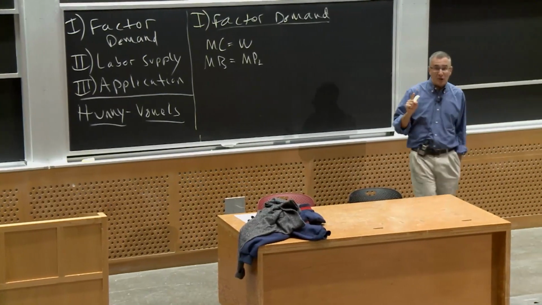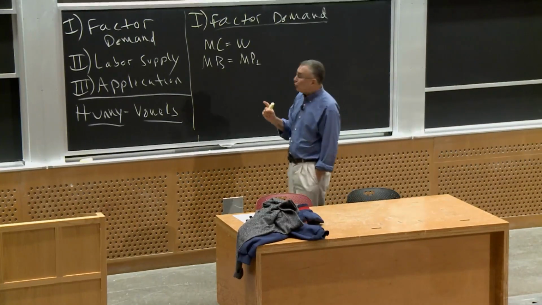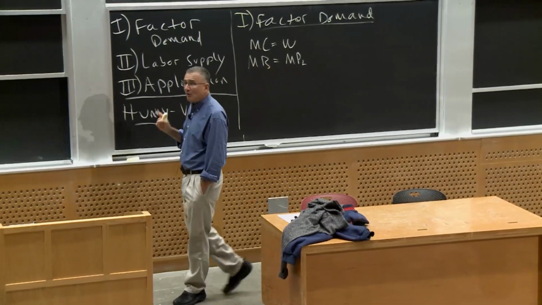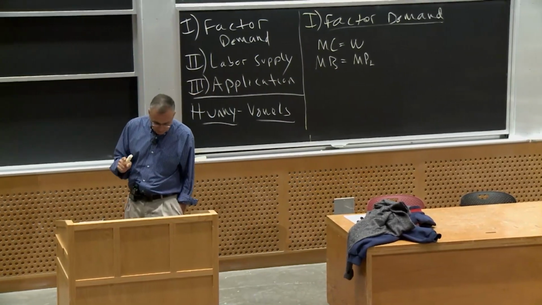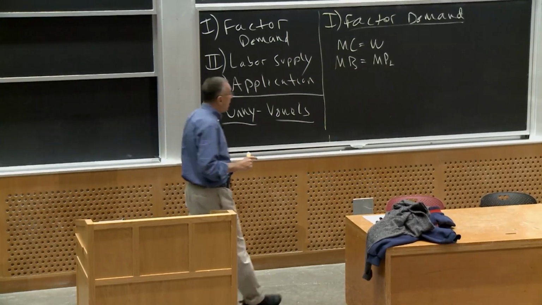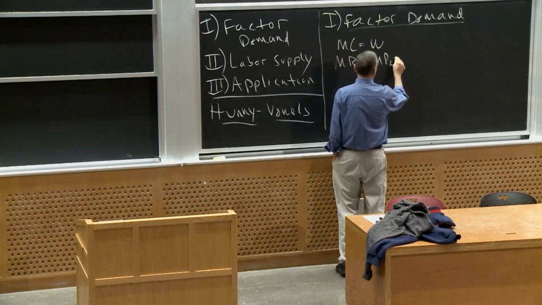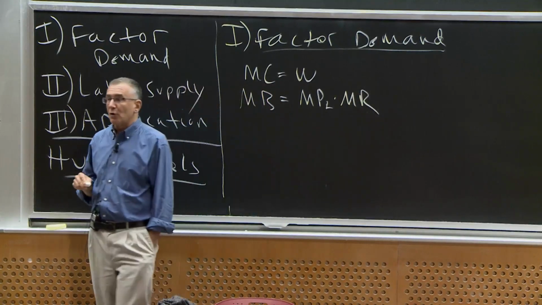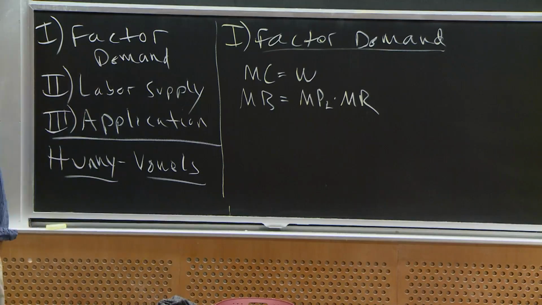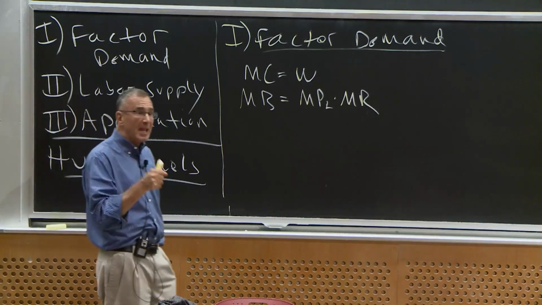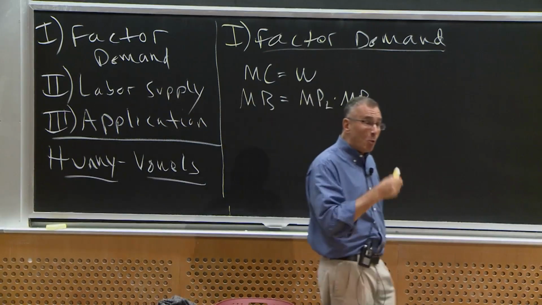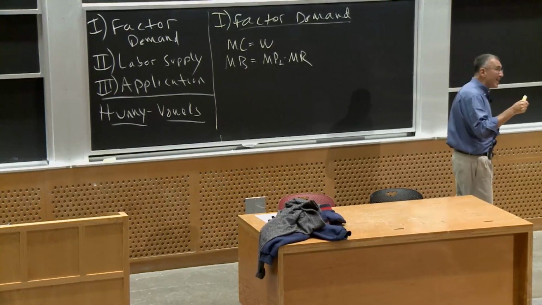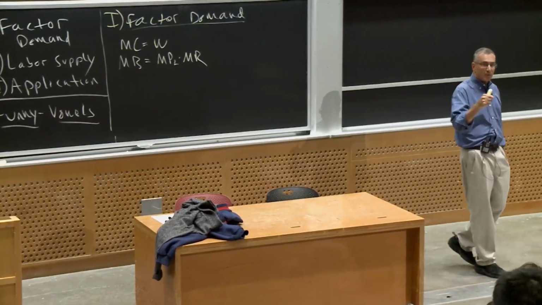Firms care about revenue. So the marginal benefit of hiring another unit of labor is the marginal product of labor times the marginal revenue of 1 more unit of good. So if I hire 1 more unit of labor, I get 1 more unit of output, and then that output itself has a marginal revenue.